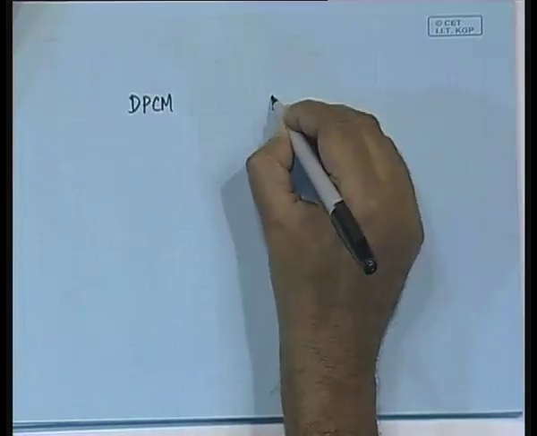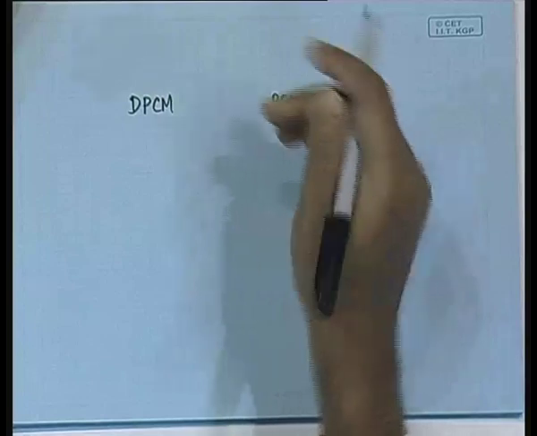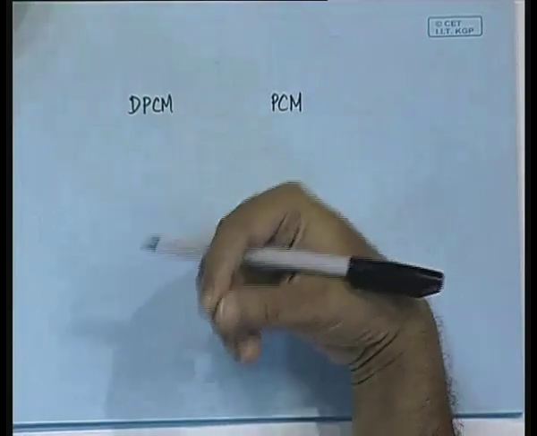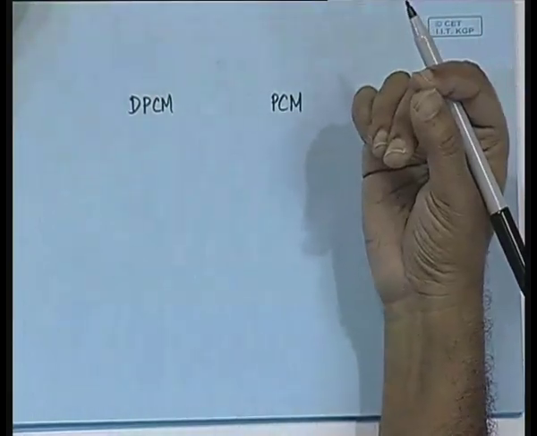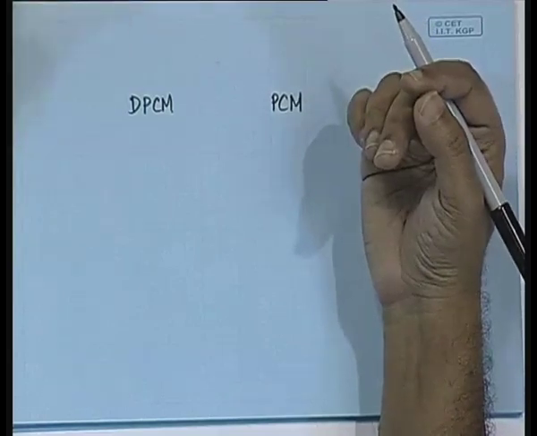But if we compare a differential pulse code modulator system with a simple pulse code modulator system, PCM is one which directly quantizes the signal, no differential mode, it just takes the signal and directly quantizes it to one of the permissible levels.